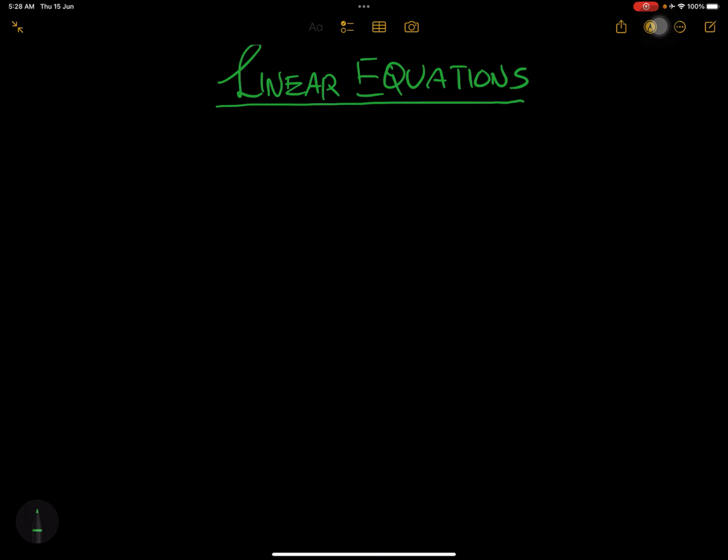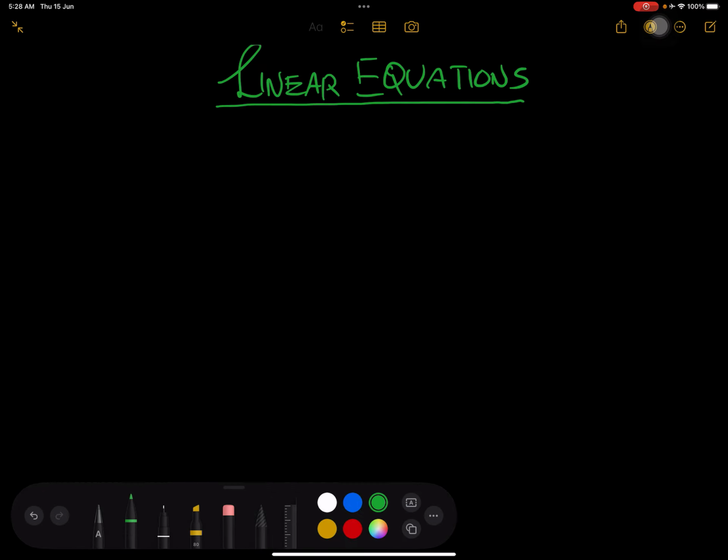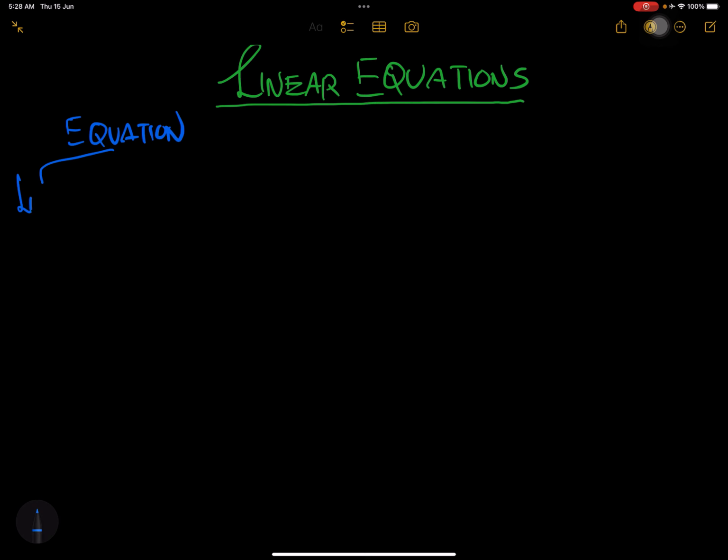Today, we are going to look at linear equations. Where are we coming from with linear equations? Remember the last time we discussed equations, we said that equations can be put into two categories: linear equations, and polynomials.